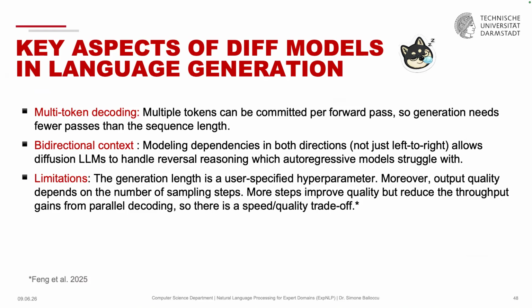So that's a little annoying. Moreover, the quality of the output is highly dependent on the number of tokens that are generated at each step. If you generate a lot of tokens at each step, of course, the quality is really bad. And if you try to generate only a few or even one, then that is kind of against the throughput advantage that it gave you in the beginning.